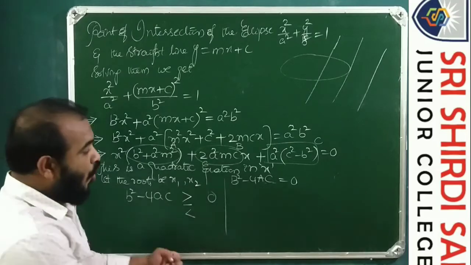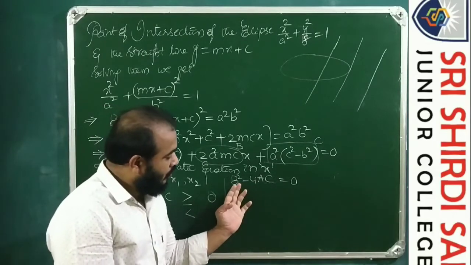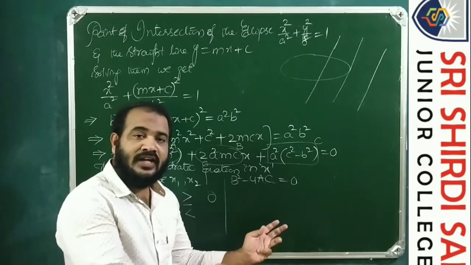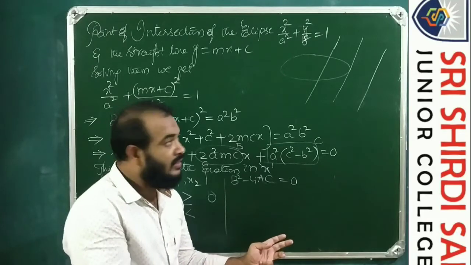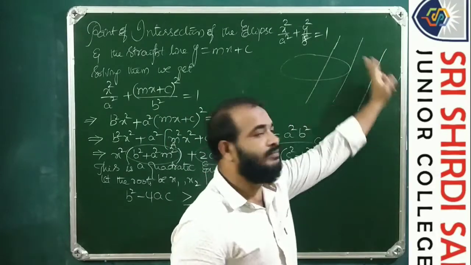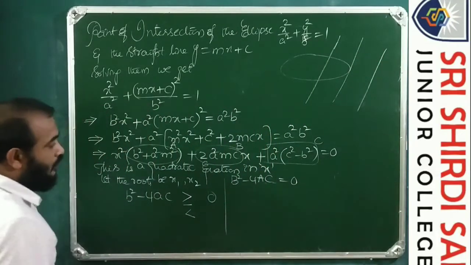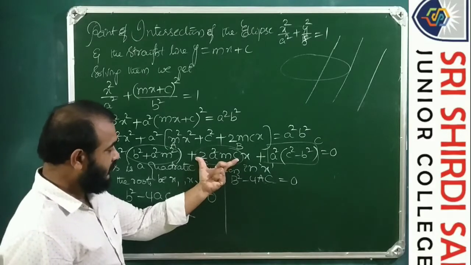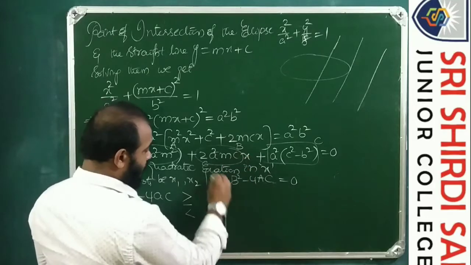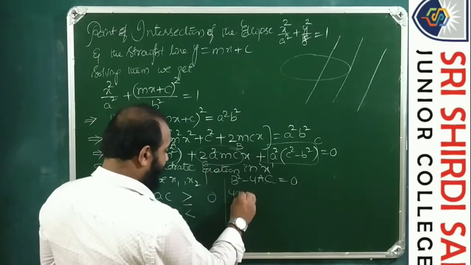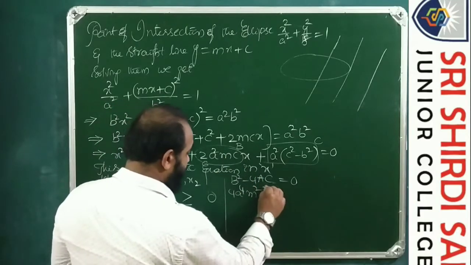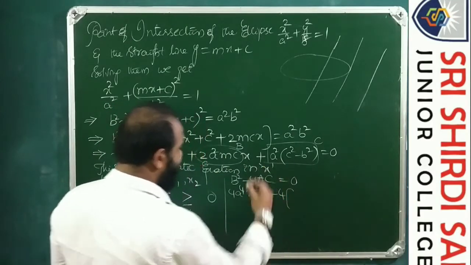The objective behind doing this is that we are trying to establish a relation for when this straight line touches this ellipse. Now, what is b square here? B is 2a square mc, so b square is 4a power 4 m square c square, minus 4ac.